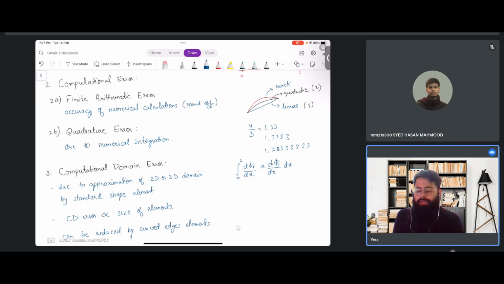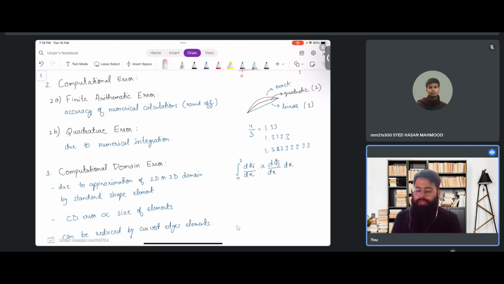So we need to estimate these integration values using numerical integration. There are certain numerical methods to solve these integrals. The most famous one that we use in FEM is the Gauss quadrature method. Apart from that, you have a lot of different methods: trapezoidal, Simpson's rule, all those. You can use any.